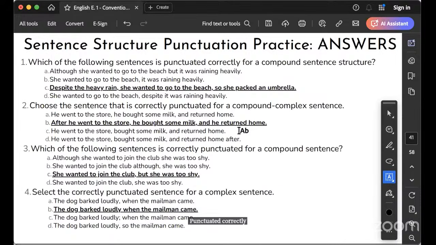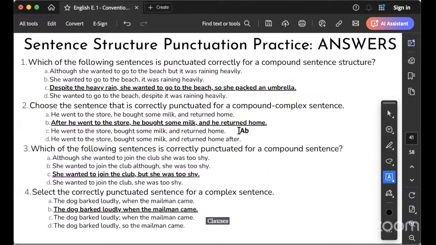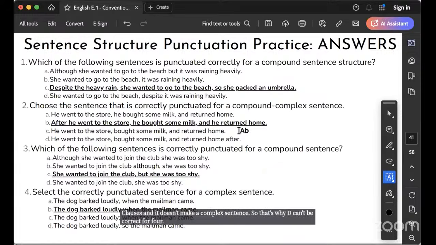But what's wrong with it? It's got two independent clauses. What type of sentence am I looking for? A complex sentence. That means I've got to have one independent and one dependent. This one's punctuated correctly, but it doesn't have the correct clauses and it doesn't make a complex sentence. So that's why D can't be correct for 4. Even though it's punctuated correctly, it's not the correct type of sentence.